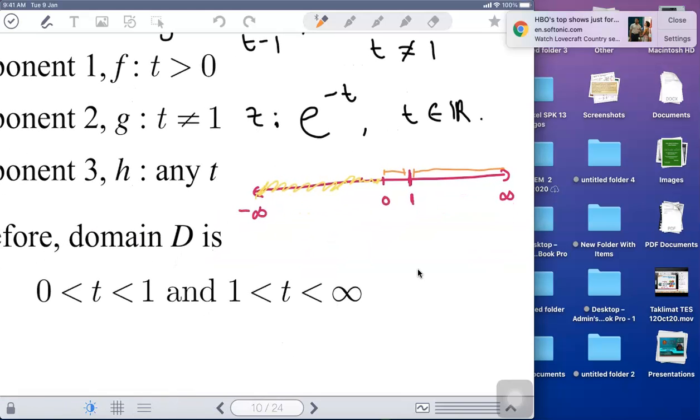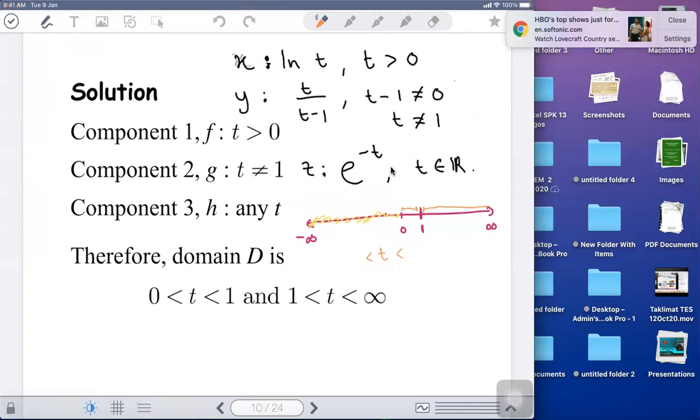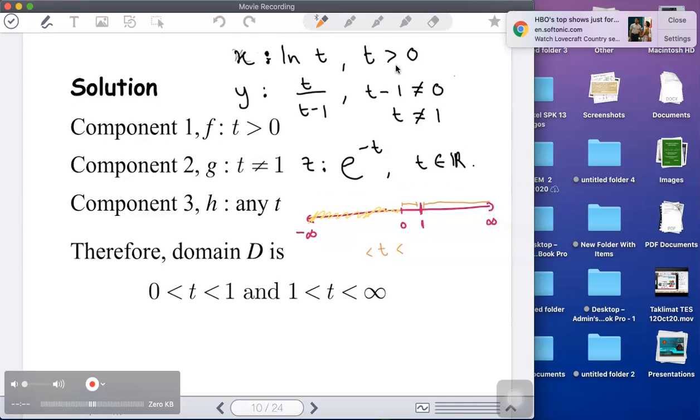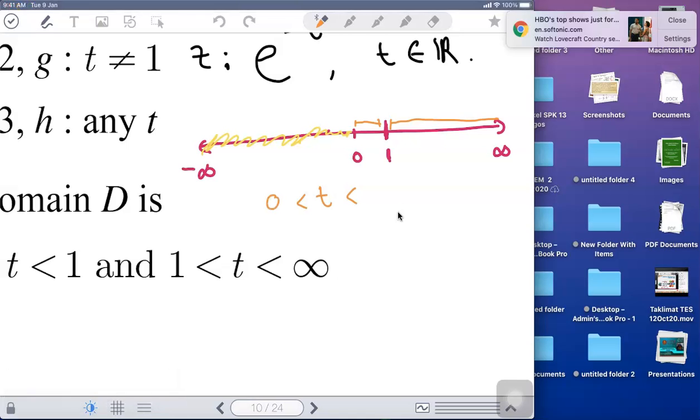So we can rewrite t. Can t be 0? Is there any condition? From the first one here, t cannot be equal to 0. Okay, so we cannot use the equal sign, so t is from 0 to 1.